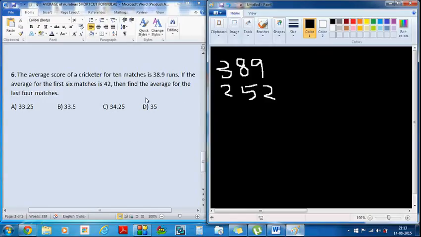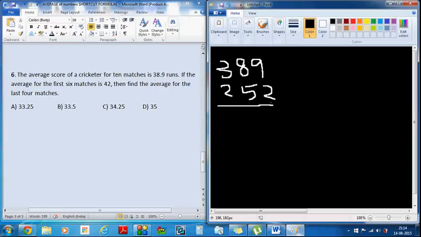Then find the average for the last 4 matches. We have calculated the total score for 10 matches and the total score for the first 6 matches. Now you can calculate the total score for the remaining 4 matches.